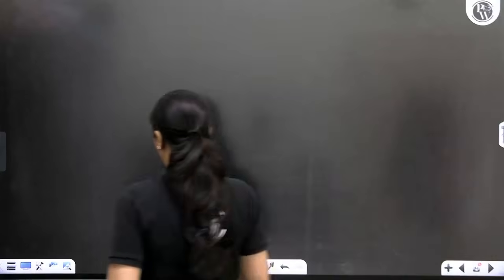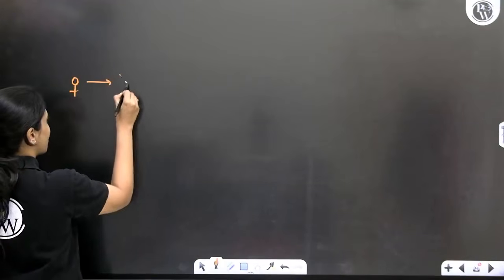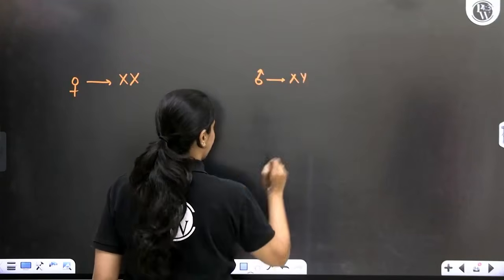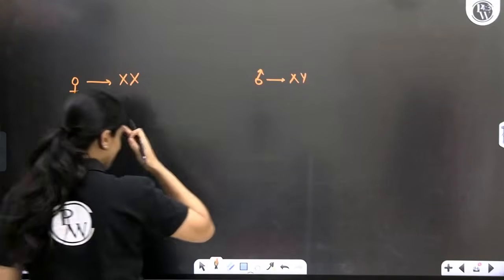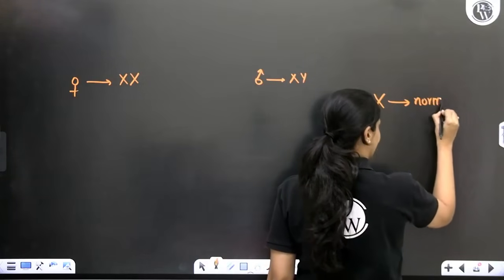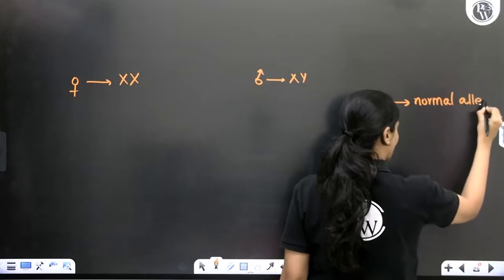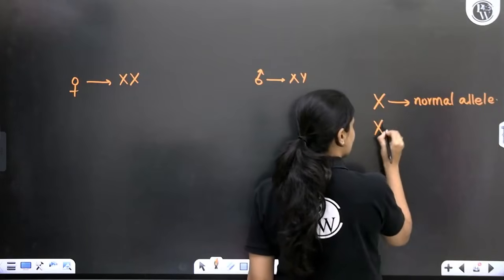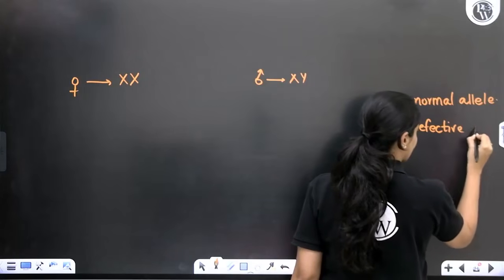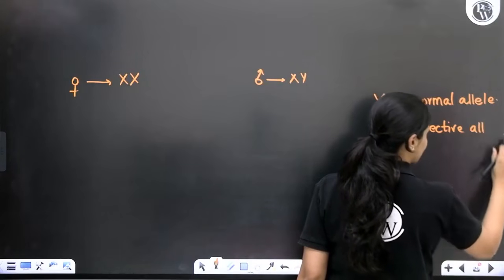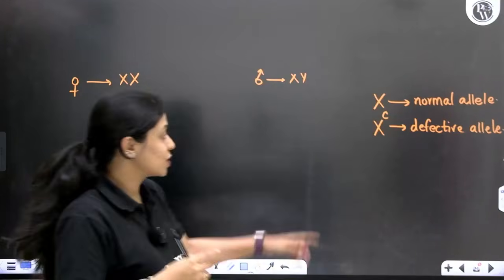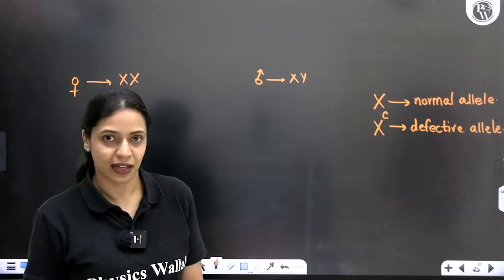See, females have 2 X chromosomes, males have 1 X and 1 Y, right? So in color blindness, let's say X is the normal allele, and X with a superscript C is the defective allele that causes color blindness.